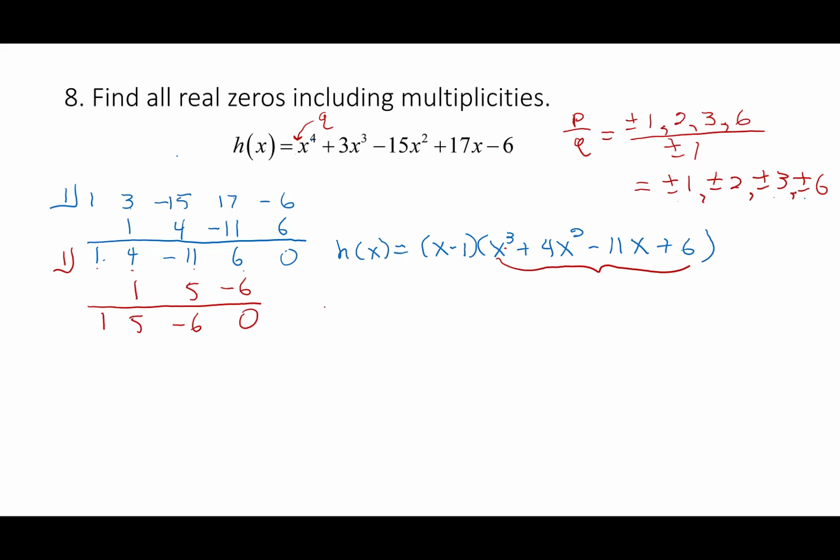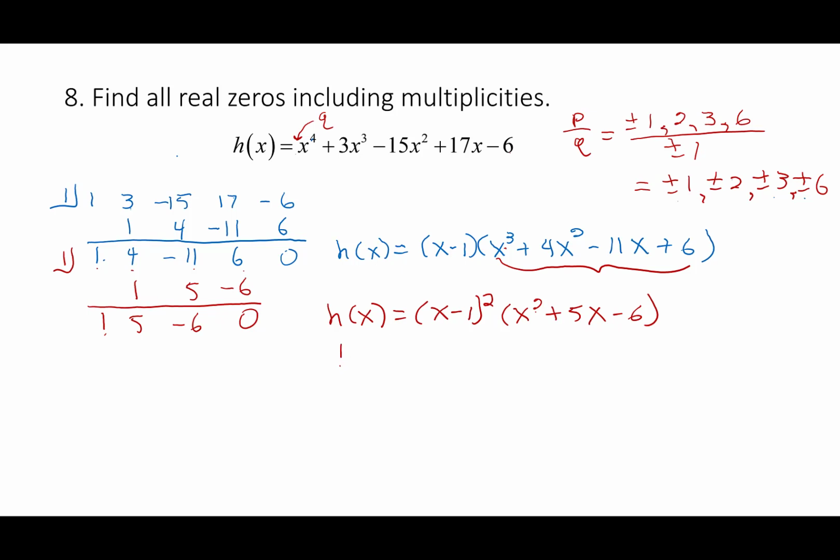So now we've actually factored h of x into x minus 1 squared times 1 times x squared plus 5x minus 6. And as soon as I hit a quadratic, I'm not going to try synthetic division anymore.